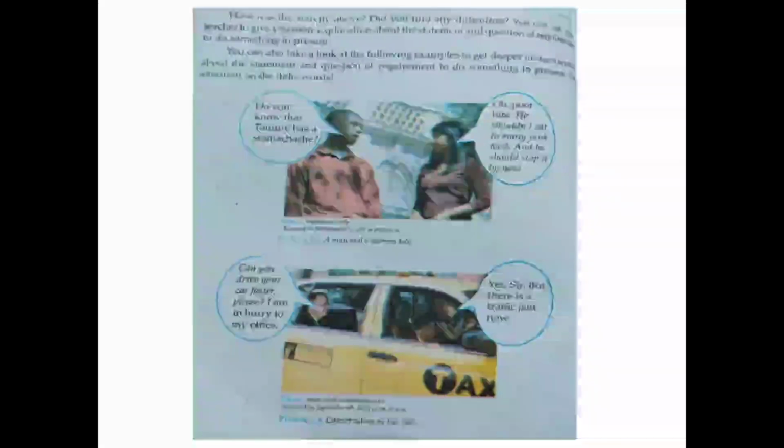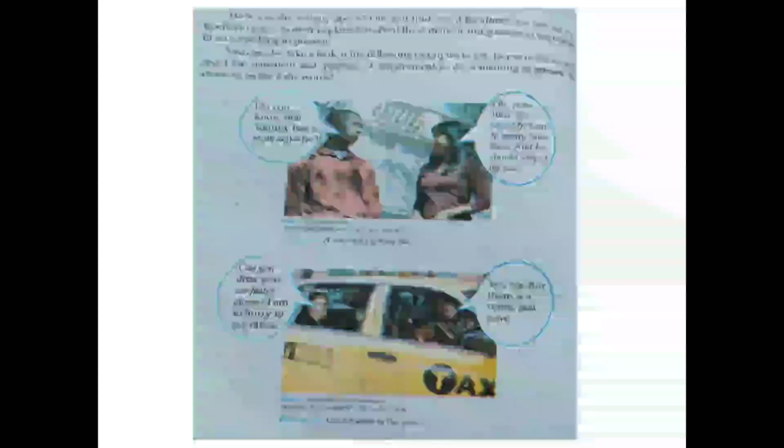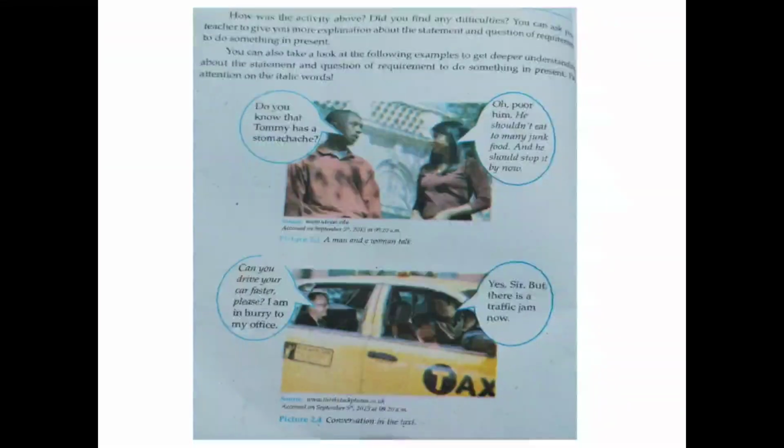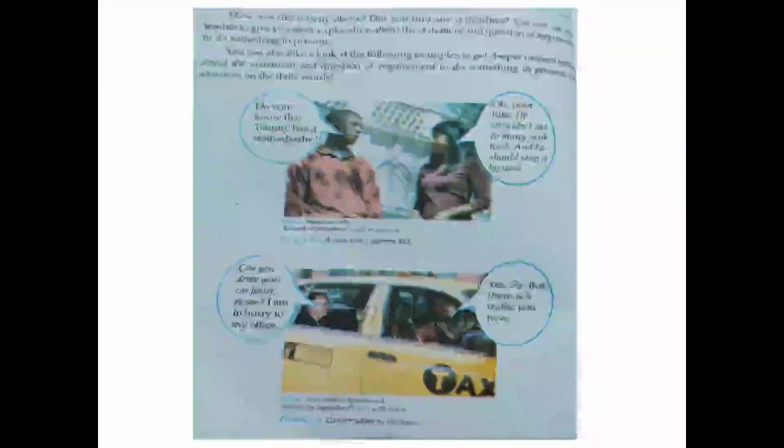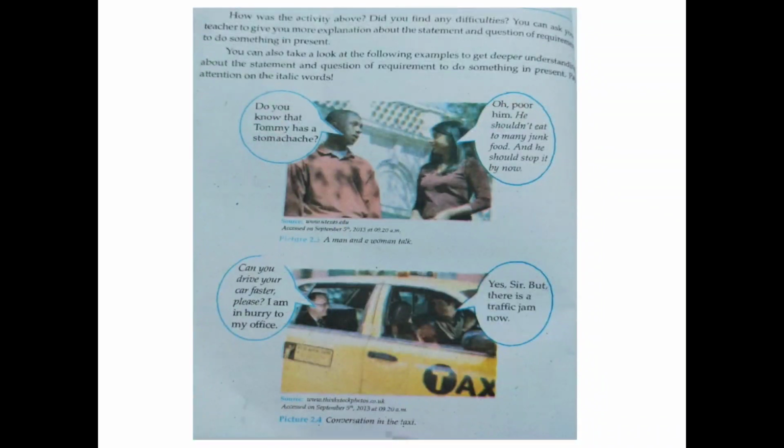Okay, the two pictures show statements and questions of requirement to do something in present. For example, for the first, the lady said that he should stop it by now.